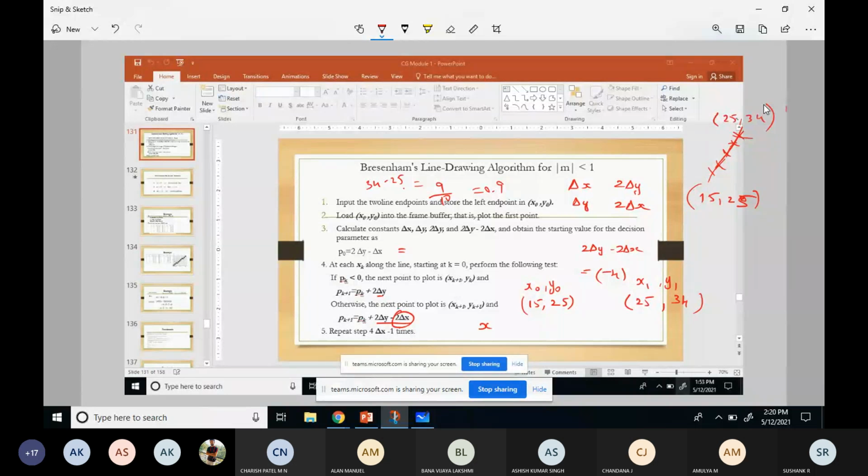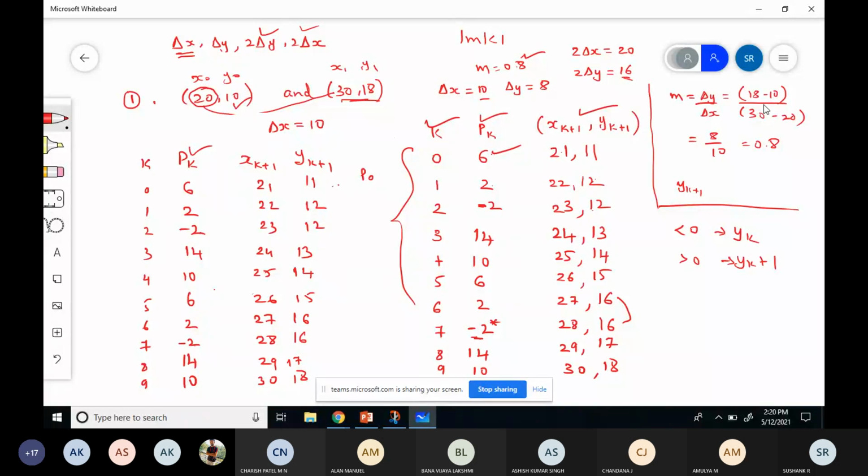So again I'm telling, x naught, y naught is 15 comma 25, and the last x end, y end is 25 comma 34. So for these 2 points, you just calculate this line drawing algorithm, and I want the table. You just draw that table and you just send me that. I'll just check the table. I want this plot to be done. So this will be your homework.